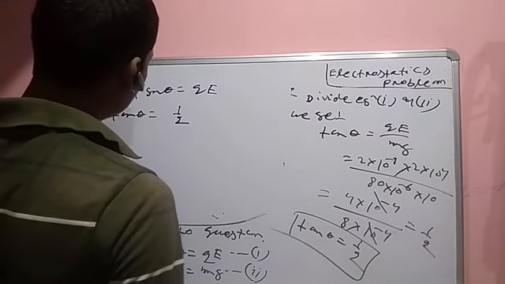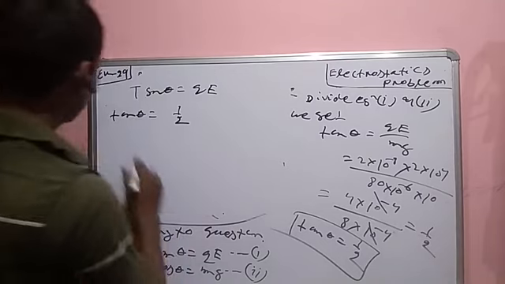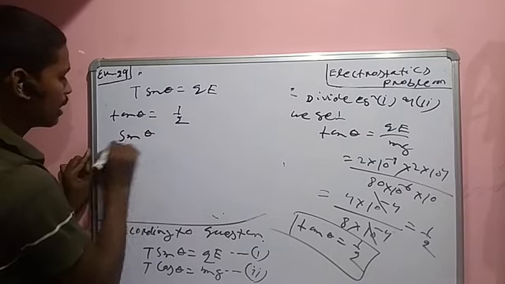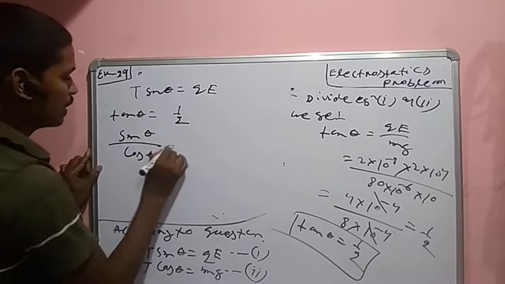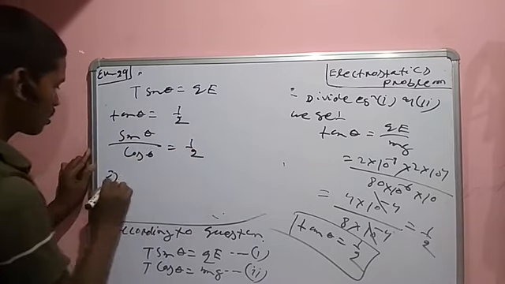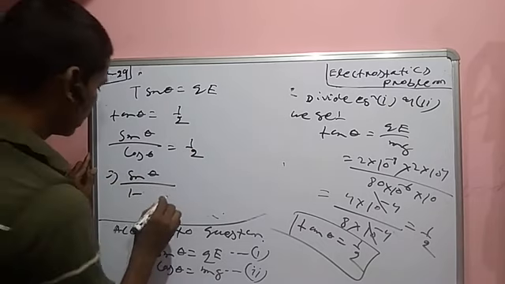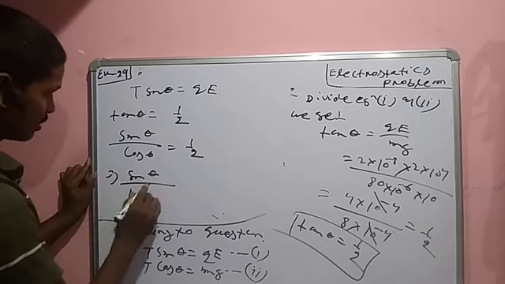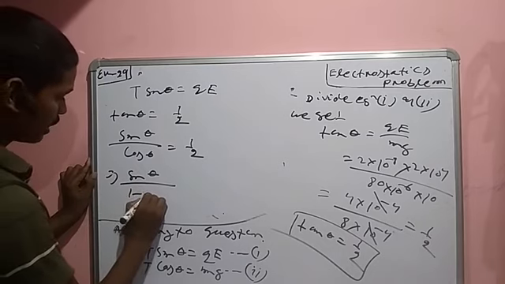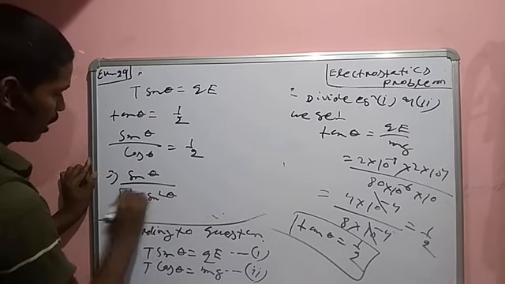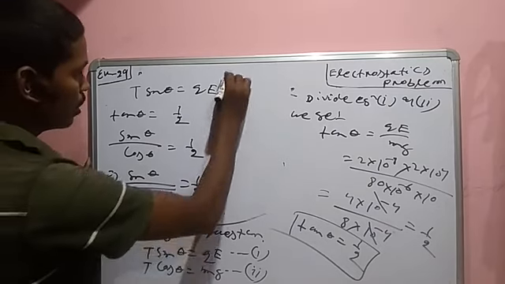So sin theta by cos theta is equal to 1 by 2, or sin theta by root of 1 minus sin square theta is equal to 1 by 2.